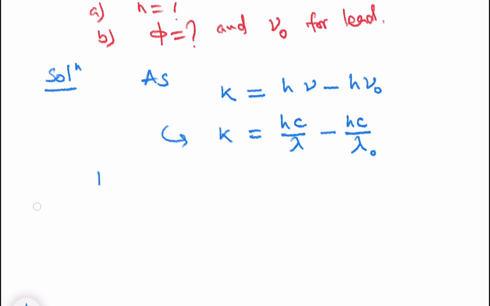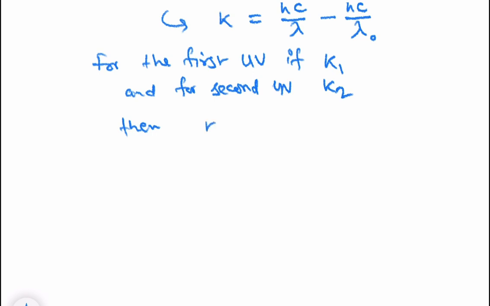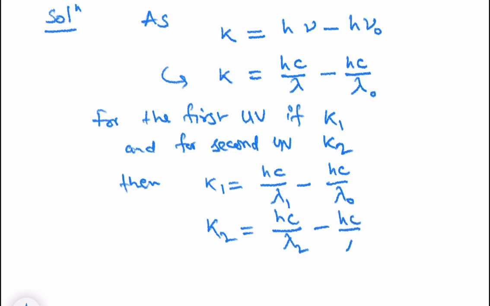So for the first UV beam, if kinetic energy is K1 and for the second UV beam kinetic energy is K2, then K1 is equal to hc by lambda 1 minus hc by lambda naught, and K2 is equal to hc by lambda 2 minus hc by lambda naught.